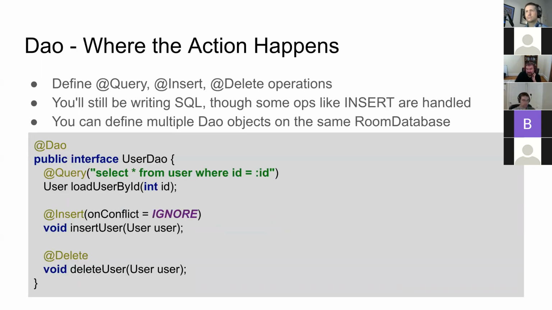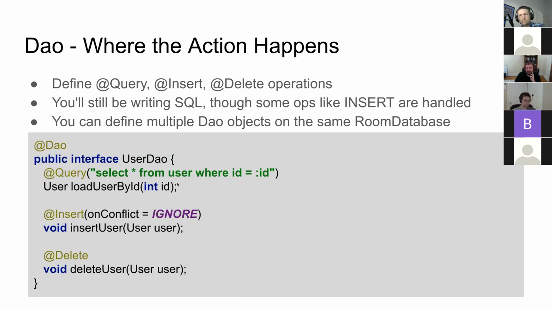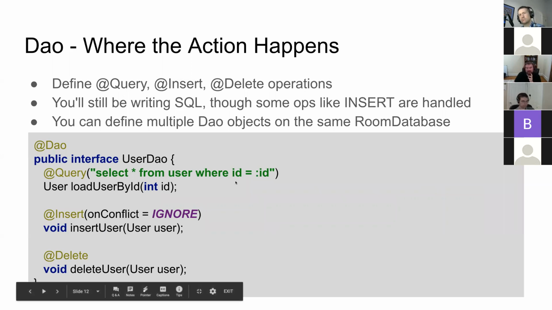The second component is the DAO, and this is kind of where the action is happening. In the DAO, you define different kinds of queries you want to do. You do that with raw SQL. Some things you don't have to write the SQL for, like inserting or deleting.